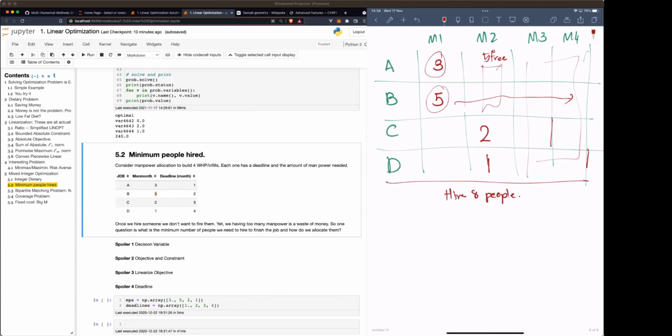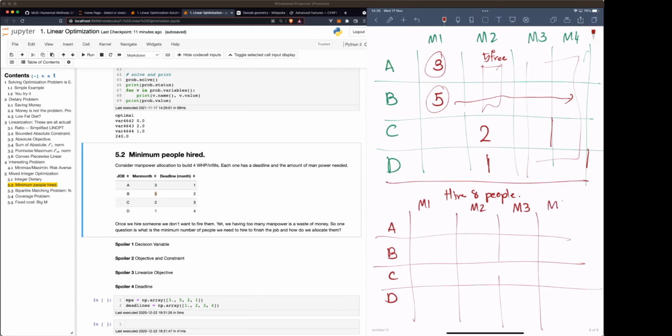Okay. The question is, can anyone give me a better schedule? How do I manage this without hiring a whole bunch of people? This is actually a real life problem though. If you are now CEO, you have 1,000 employees, how would you schedule them?